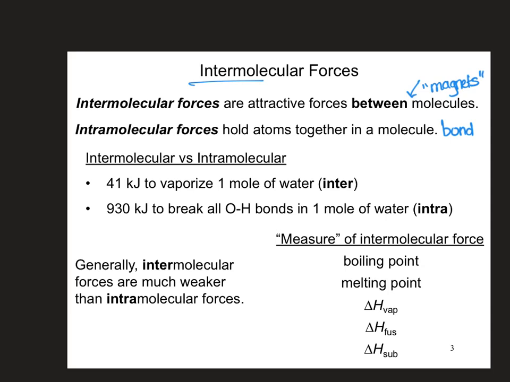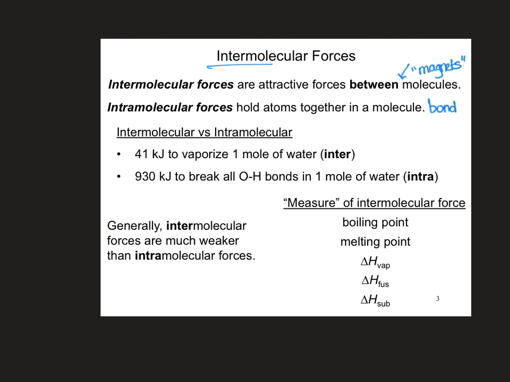Okay. Some things we're going to look at. So why do we care? How do we know about these intermolecular forces? Well, if you can see here in the bottom right, this is the reason that different substances have different properties. Why does water boil, for instance, at 100 degrees Celsius, whereas methane, the gas that comes in our Bunsen burners, boils at, I want to say, around minus 20 degrees Celsius.